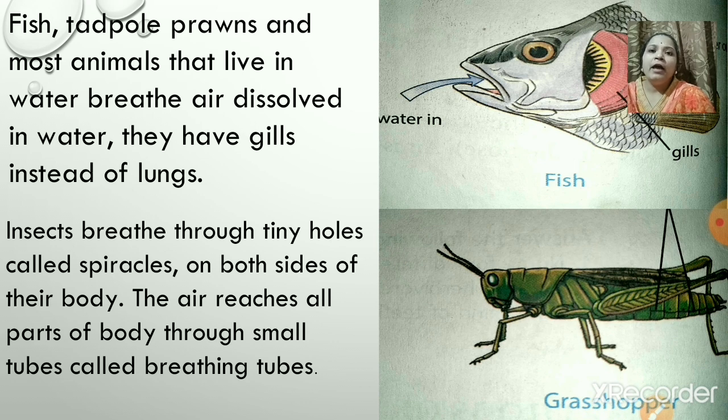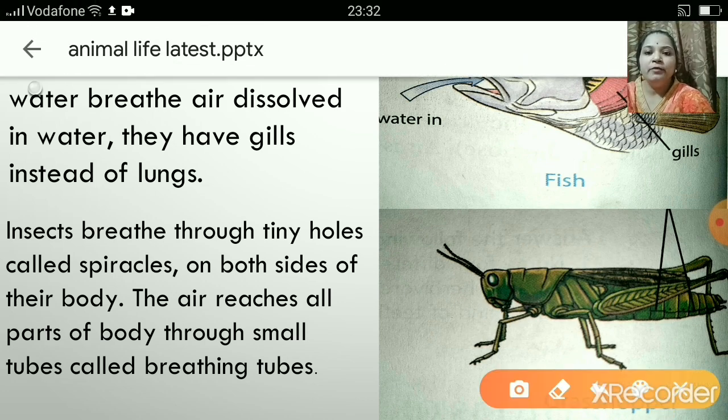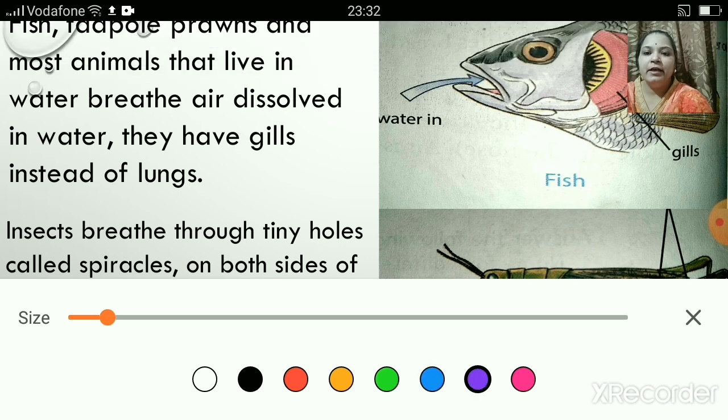Children, all the animals like fish, prawn, tadpoles who live inside the water have special organs called gills. Is it visible in the picture? Yes, it's there. So these gills help the fish and the animals who live inside the water to breathe oxygen dissolved in water.